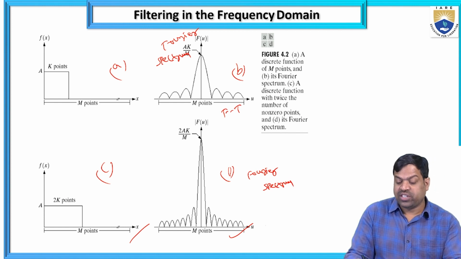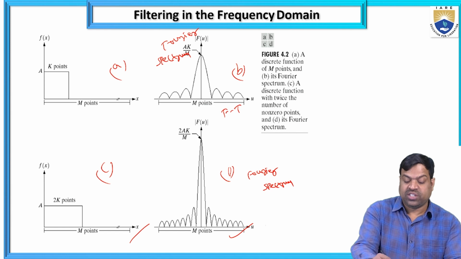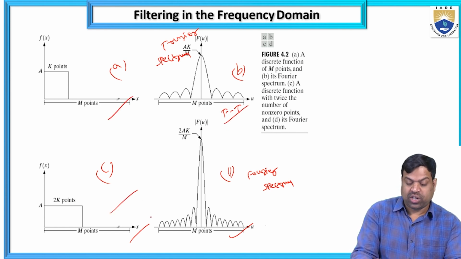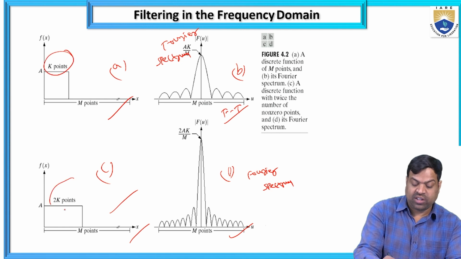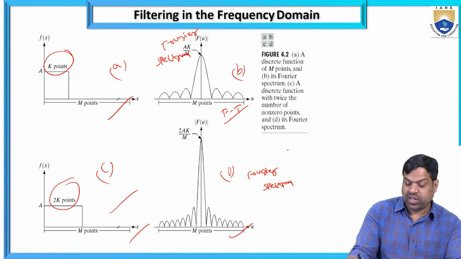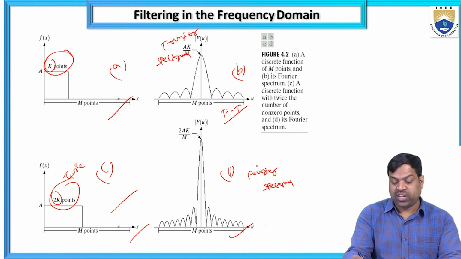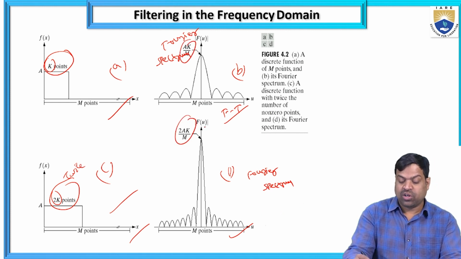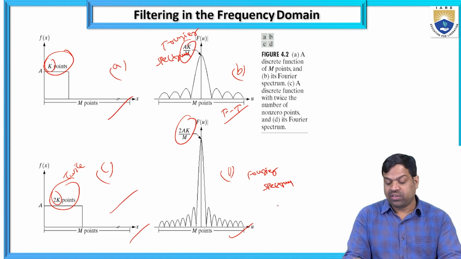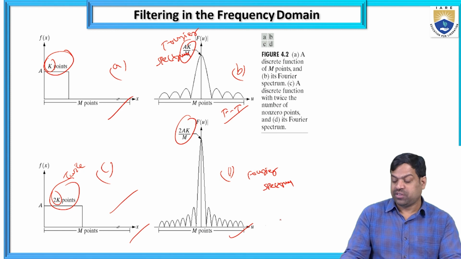The input is a discrete function of M points, and the output is a Fourier spectrum. Here I am taking K points for the input and 2K, which is twice, and the output is 2AK by M. It is the Fourier transform or Fourier spectrum of the output.